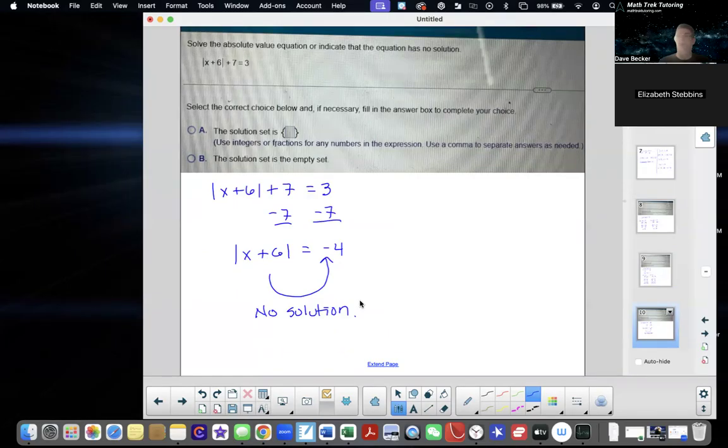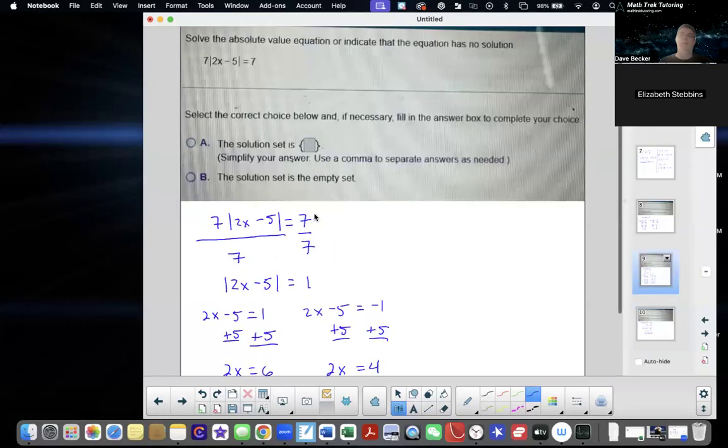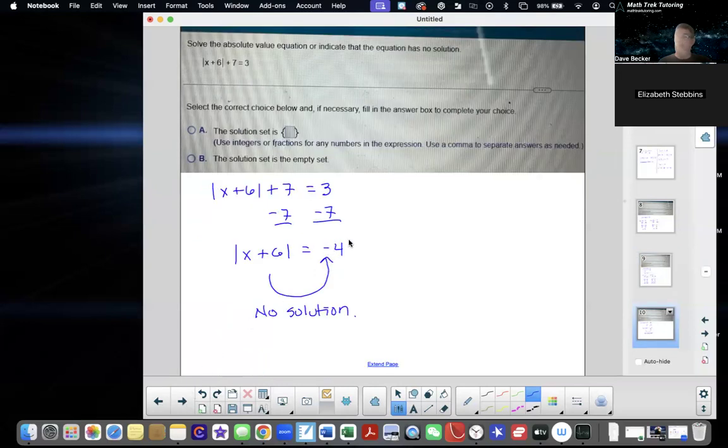So that's a choice for you. Because as long as it's positive on the other side, the solutions are good. If it's negative after you get the absolute value all by itself, then there's no solutions. Got it. Okay? Yes. All right, rock on.